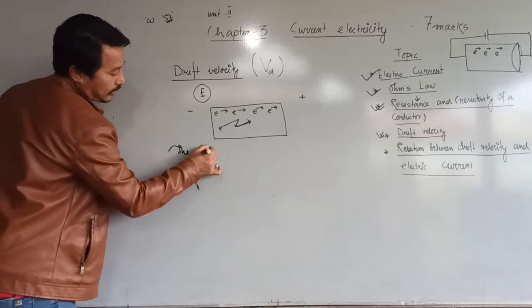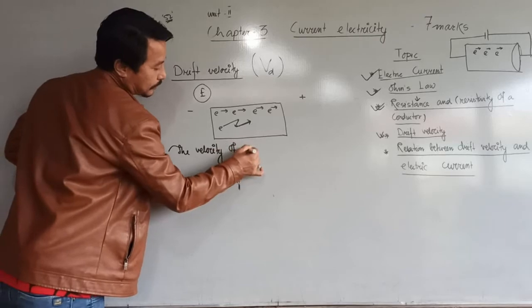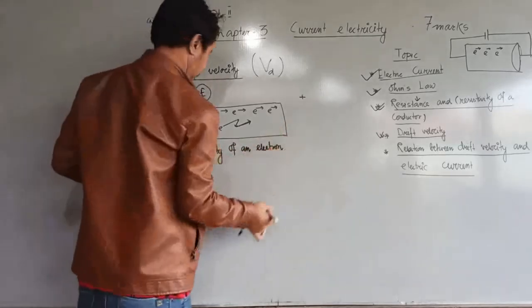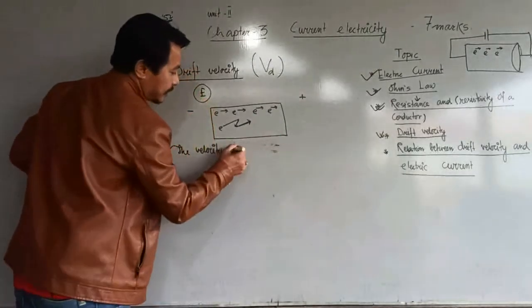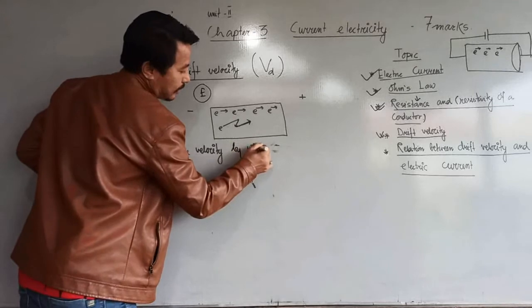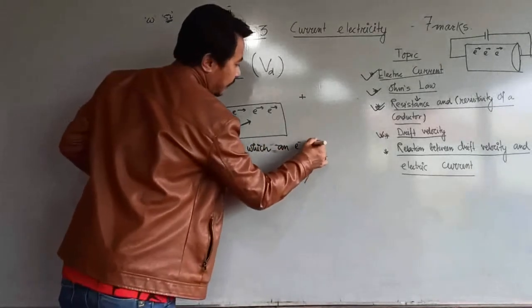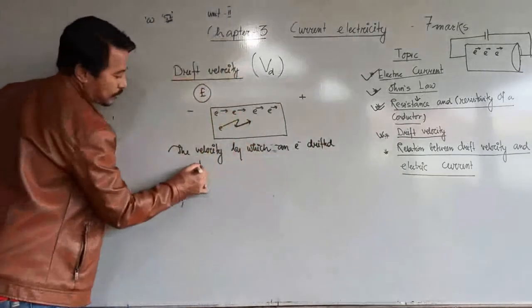The velocity of an electron by which the electron drifted towards the positive terminal.